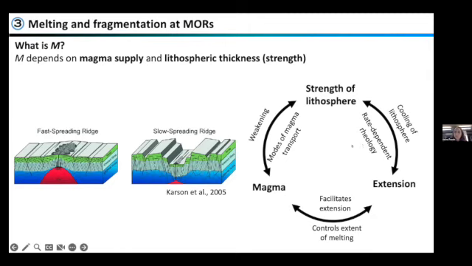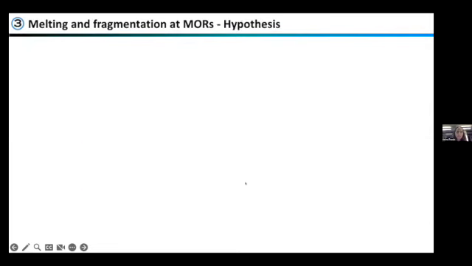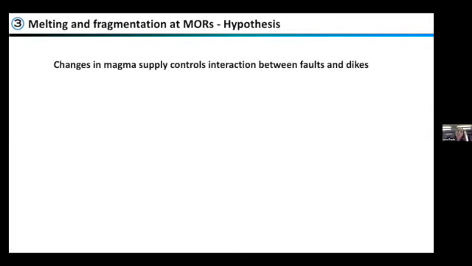So in order to simplify this view and to put it to test, I'm going to remove the extension from this equation for now, but it is in the plan to combine all three of them. For the purpose of this presentation, I'm going to test whether changes in the magma supply control the interaction between faults and dikes closer to the surface.